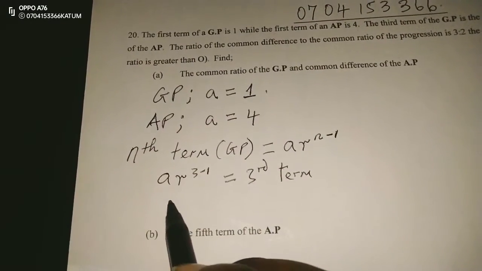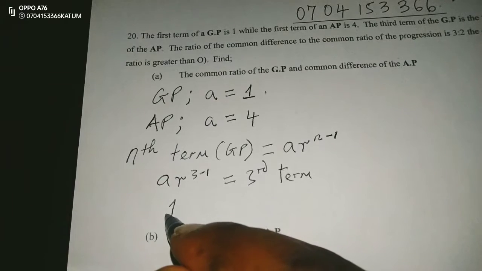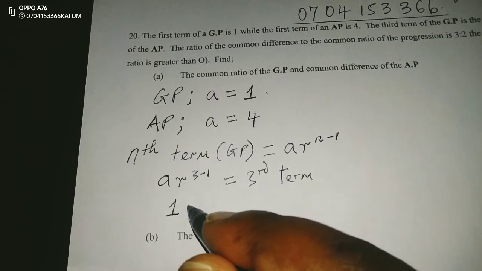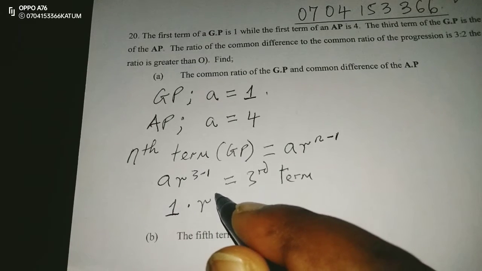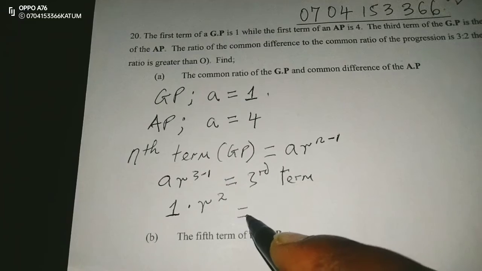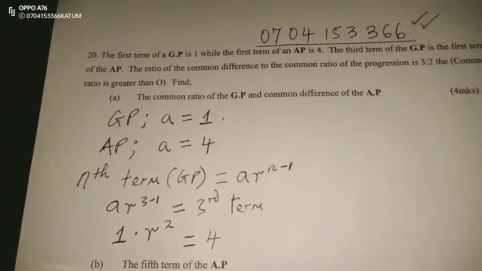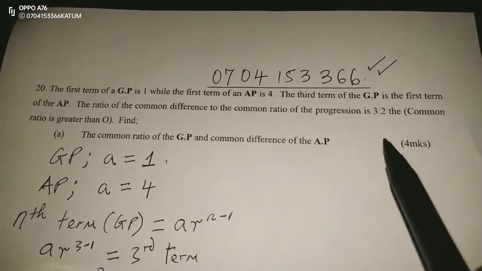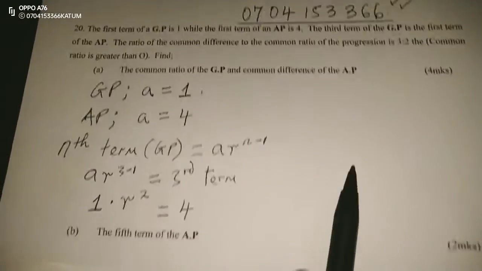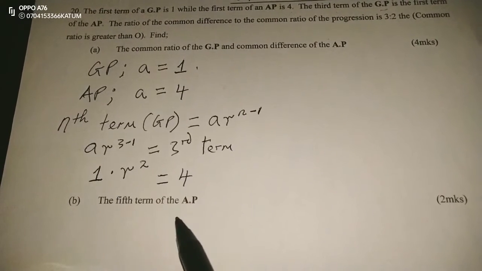Therefore, when we substitute, we are going to have A, which is 1, multiplied by r, which is unknown, raised to 3 minus 1. This will give us the first term for the AP, because we are told that the third term of the GP is the first term of the AP. Therefore, this third term expressed here equals 4.